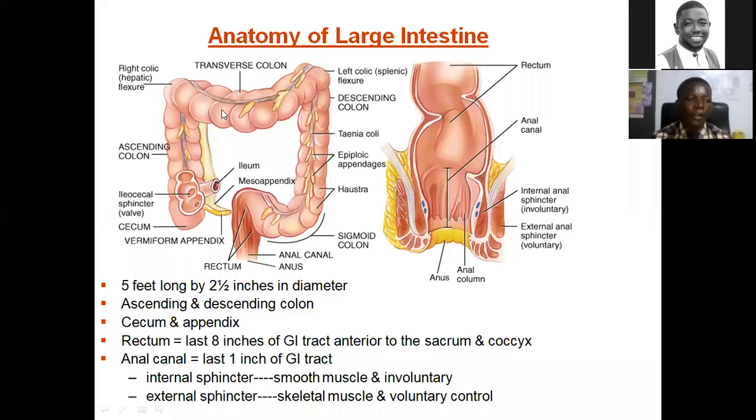So the whole length of the large intestines is about 5 feet long, and it has a diameter of 2.5 inches. As I said, it's made up of the ascending and descending colon, cecum, and then we also have what we call the appendix. Sometimes it is called the vermiform appendix because it looks like a worm.